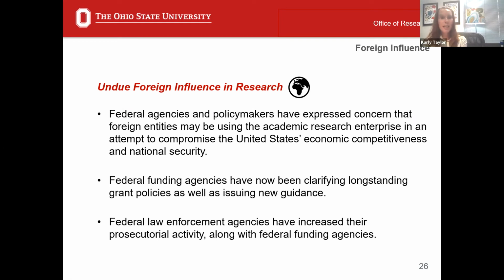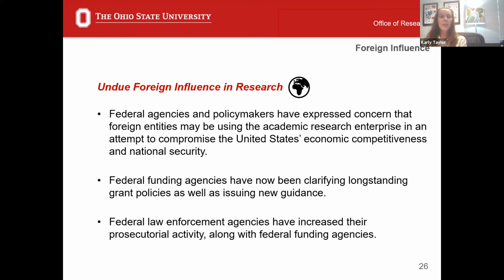And so federal agencies, meaning either federal law enforcement or federal funding agencies, have expressed a lot of concern about foreign entities that may be using the academic research enterprise as an attempt to compromise our economic competitiveness and national security. So you're just hearing a lot more as far as legislation trying to be pushed through and maybe highlighting rules.